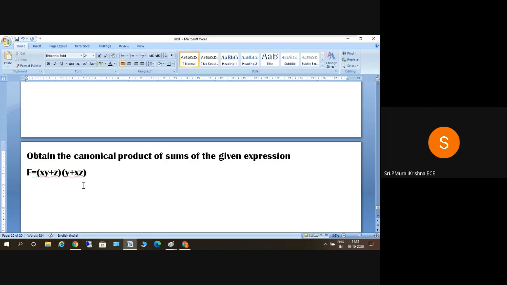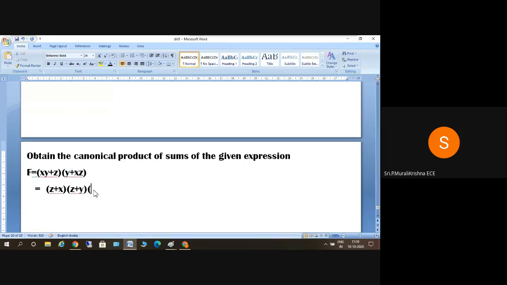So using this distributive law, x plus yz is equal to x plus y into x plus z. Okay, so this is x plus y into, sorry, x plus y. So this is considered as x here, and this is yz here. So that is z plus x into z plus y. In a similar way, this is x plus yz, this is x and this is yz here.